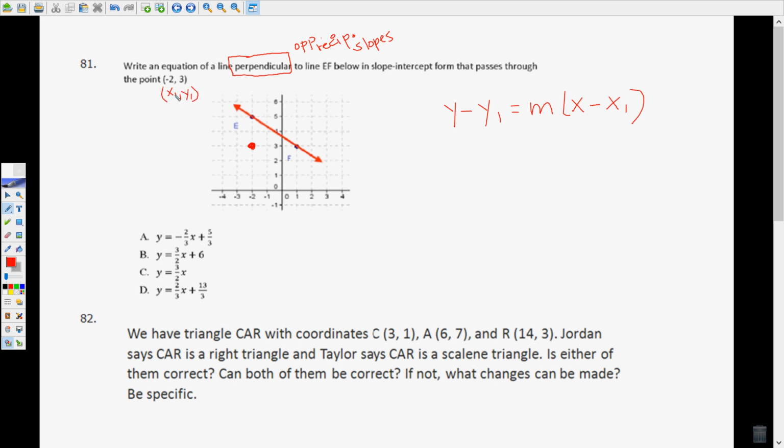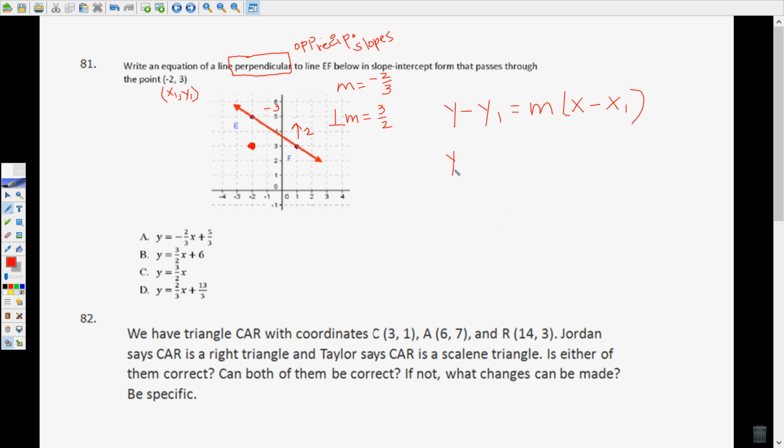We have a slope. You can do your rise over run. Pick 2 points on this line. Rise 1, 2, so up 2. Run 1, 2, 3, so to the left 3. So the slope of this line is -2/3. So the opposite reciprocal slope would be positive 3/2. So we know that's going to be our slope, 3/2.